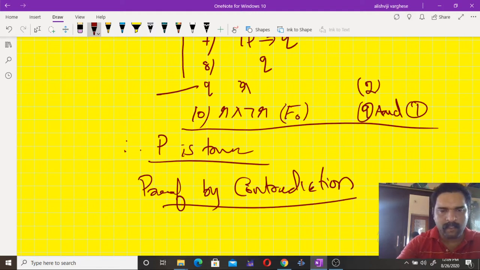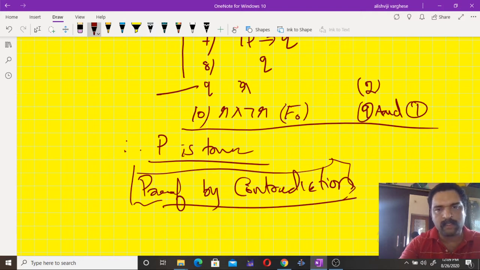So in proof by contradiction, what we are doing is we assume the converse of our conclusion together with the given premises, and if that argument leads to a contradiction, then our assumption that the converse of the conclusion is true is wrong, and therefore the conclusion is a valid argument from the given premises.